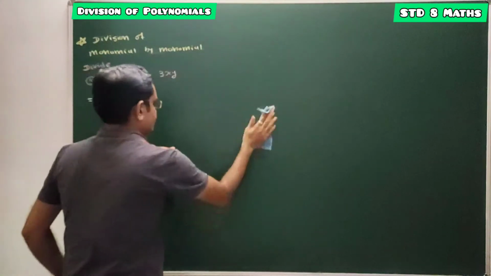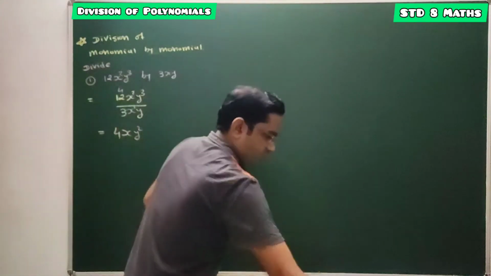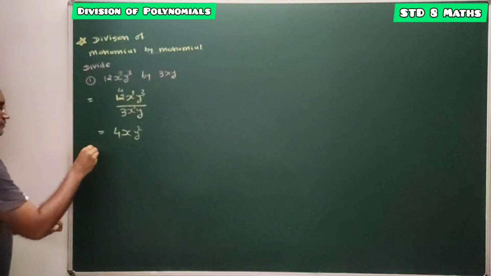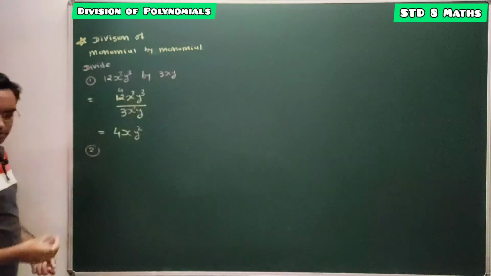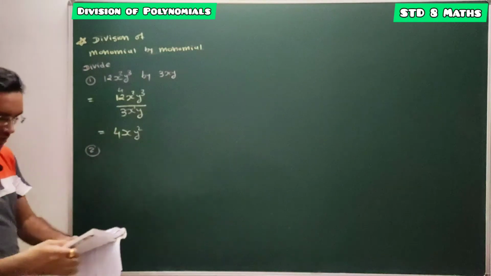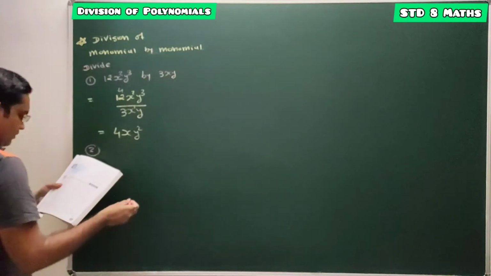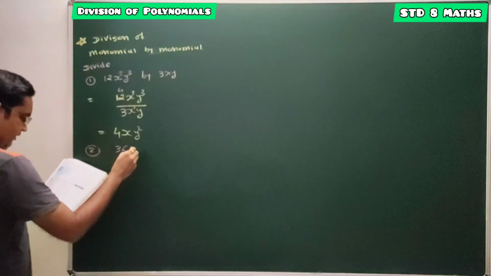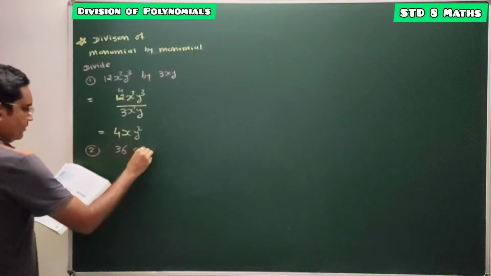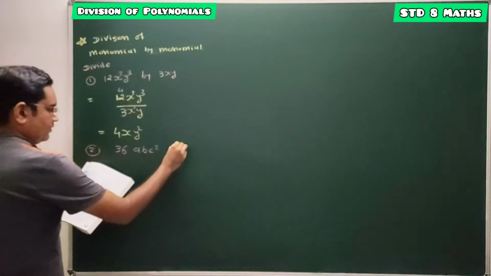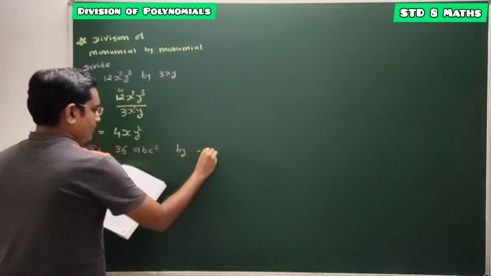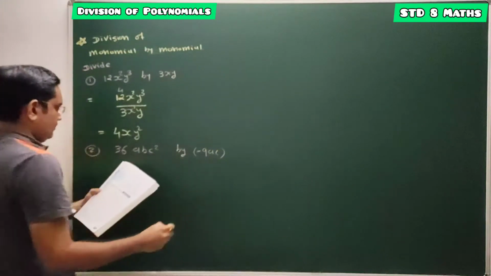Clear, students? Let's do one more sum. Question number 2. Here we have to divide 36ab square c square by minus 9ac.